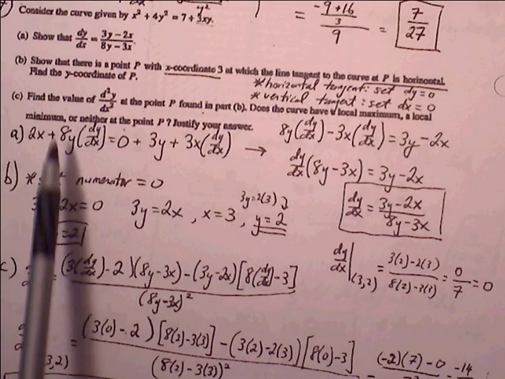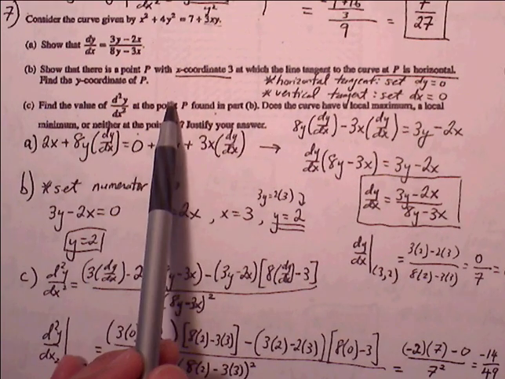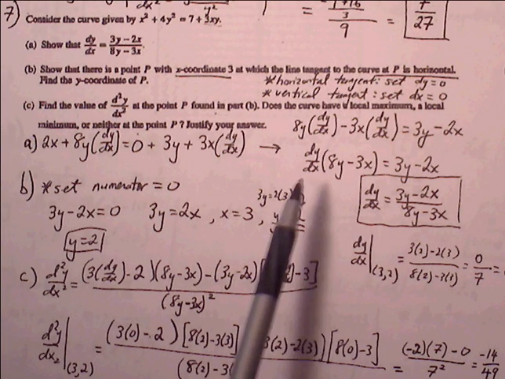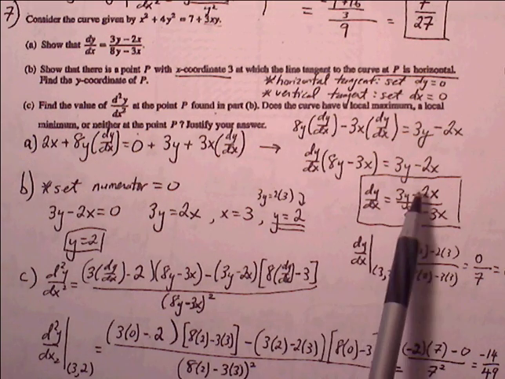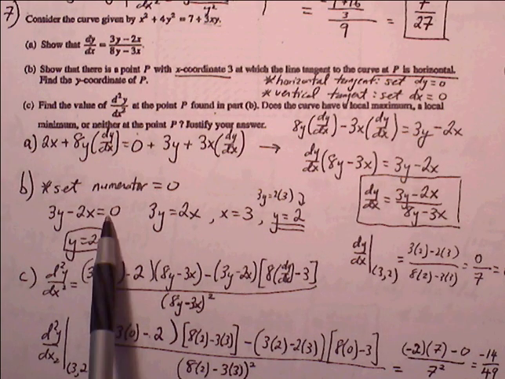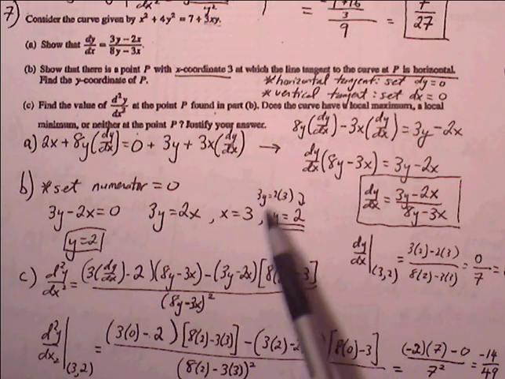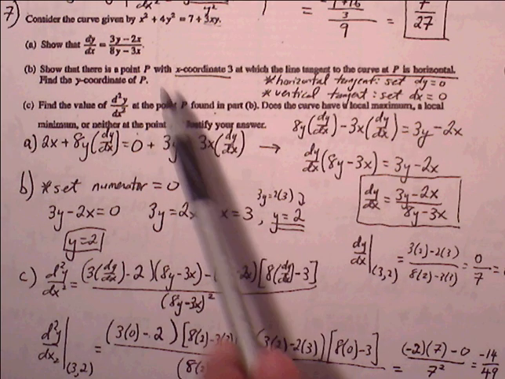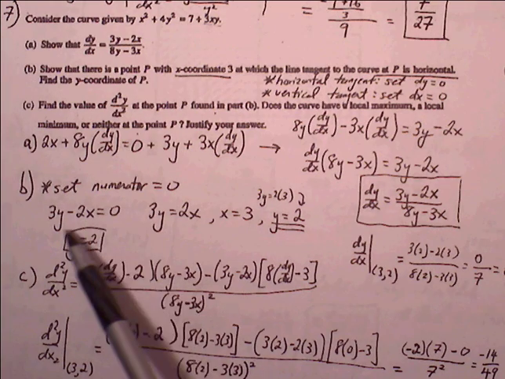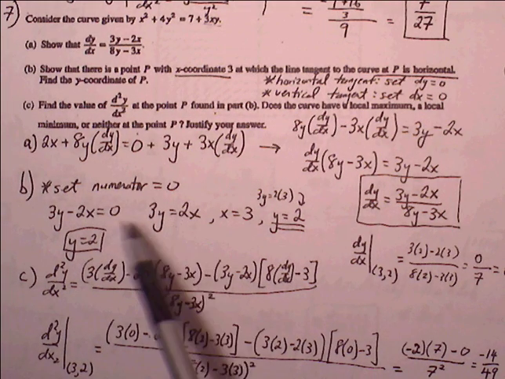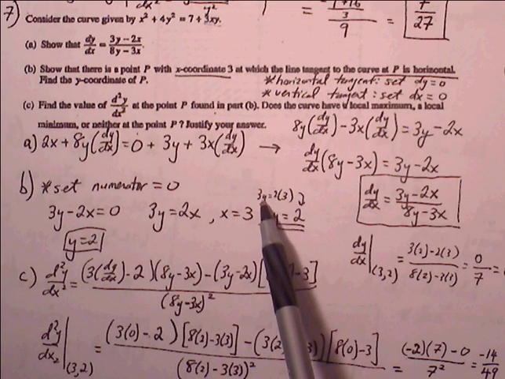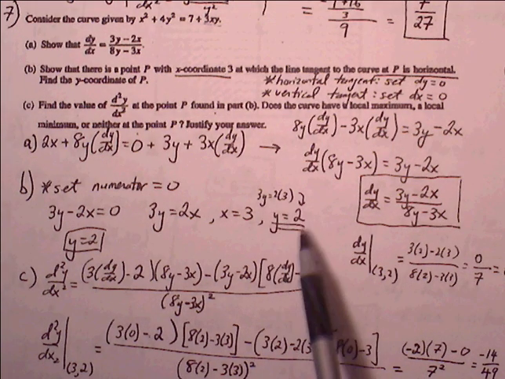Okay, so x coordinate of 3. We can set the numerator equal to 0. Here's the numerator of the derivative, 3y minus 2x. We set that equal to 0. They tell us that x is 3. So if we plug 3 in for x, we get 3y minus 6 equals 0, or 3y equals 6, and if we solve, y equals 2.